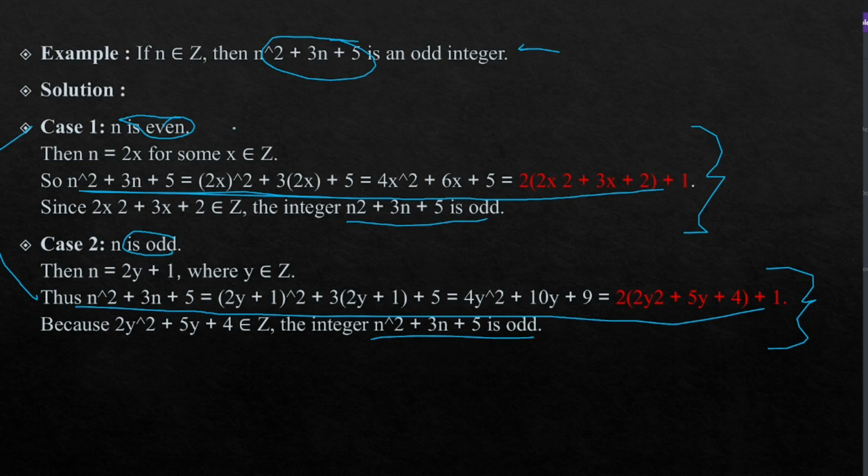But since we do not know the formulation of n apart from its being an integer, which is not enough for a direct proof, we have to infer cases. So the motivation for cases is that we can prove things which are irrespective, and that's a big draw of it.